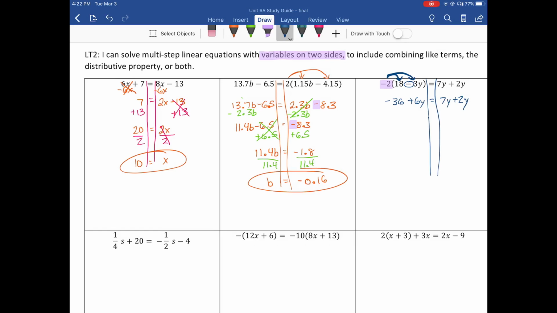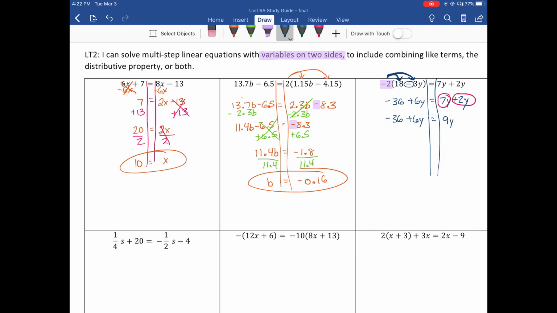Now, before we start moving stuff around, we want to remember to combine our like terms. So on the right-hand side, we have 7y plus 2y. We can put those together to get 9y. And everything else will drop down.